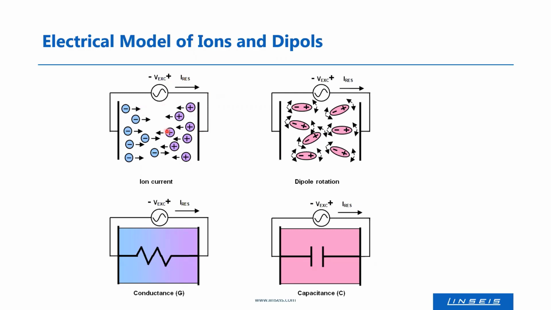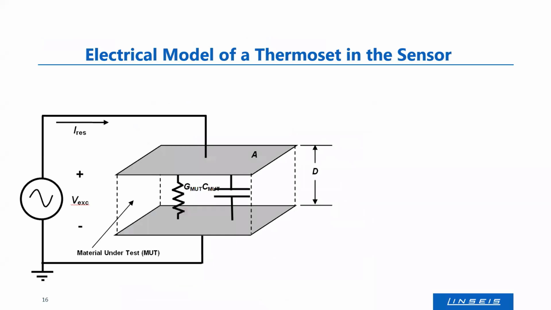And the ions which are in your sample move to the electrode with the opposite charge, like illustrated here. This can be measured, and we measure the conductance of this ion movement. The second process which we have in our sample: we have dipoles, and they orient in the electric field.